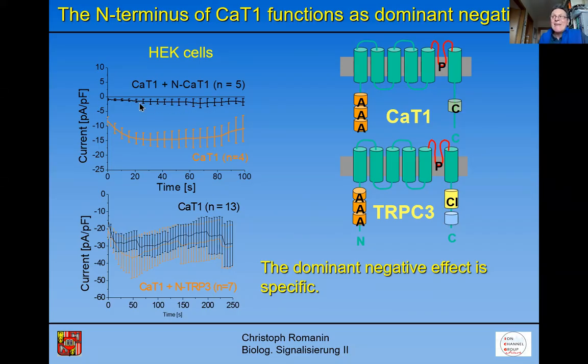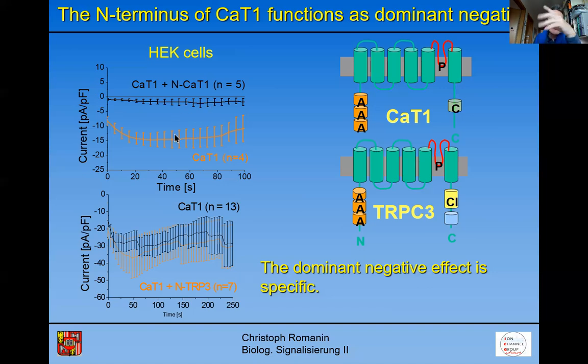You get a very clear decrease in the currents because it seems the amino terminus portion of CAT1 binds to the CAT1 channels, and you have channels where one transmembrane unit is missing because here sits only the amino terminus with these ankyrin-like repeats binding to one of the other three monomeric assemblies. And this leads to a very clear decrease in the current.